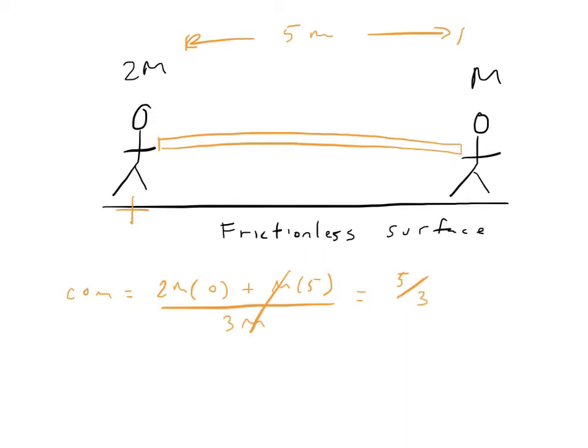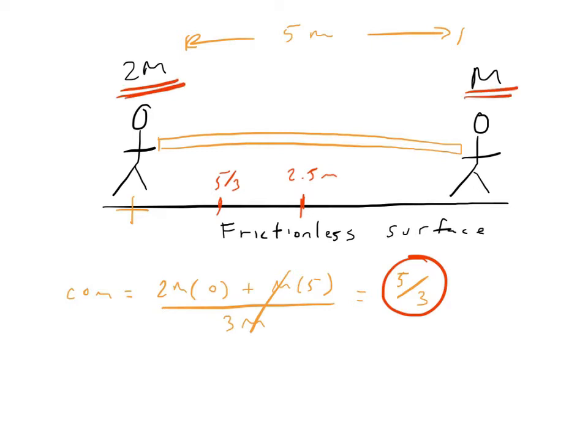Does that make sense? Of course, because the halfway point would be at 2.5 meters, and we're to the left of that, somewhere in here. And it makes sense that we're to the left of the halfway point because the left has a greater mass than the right.